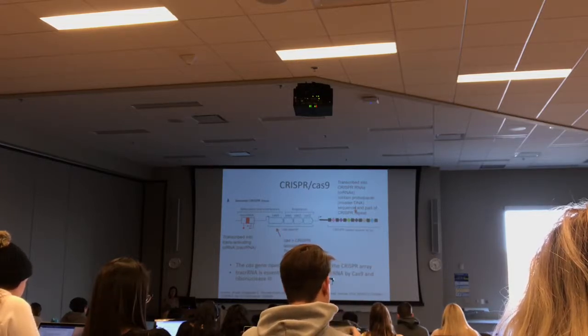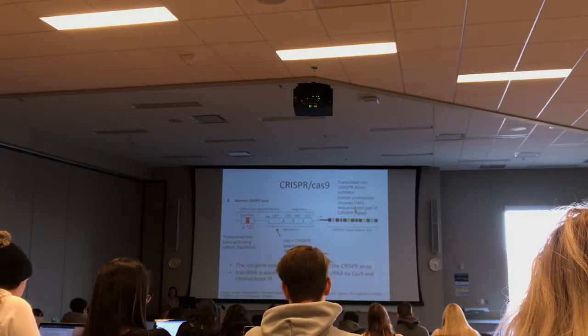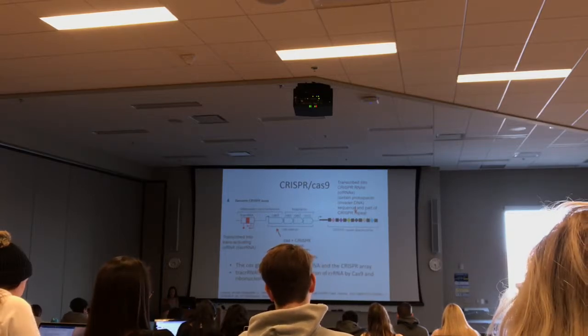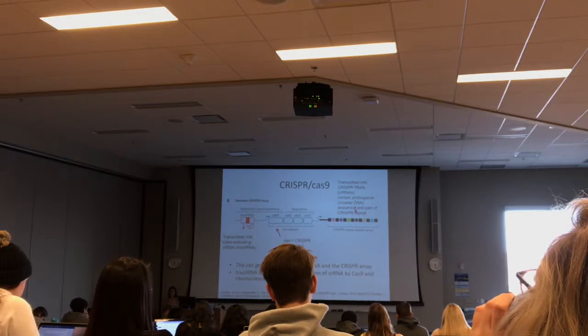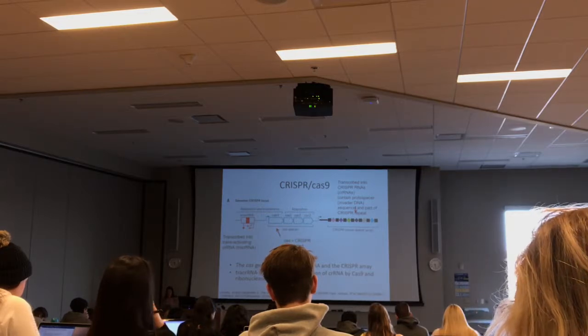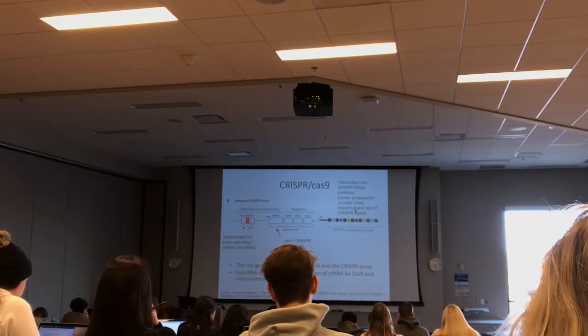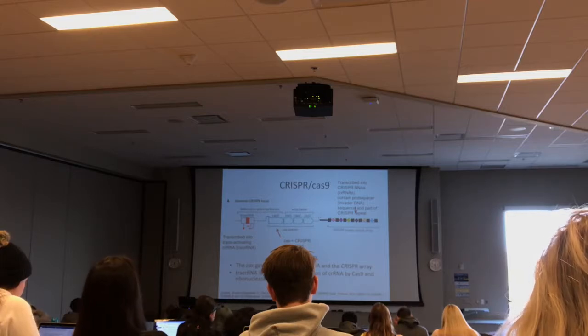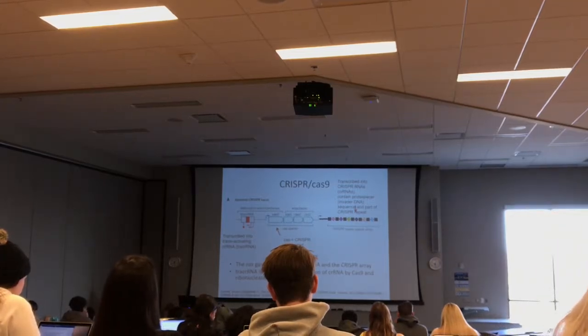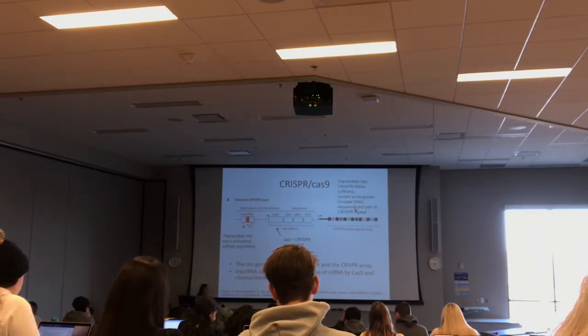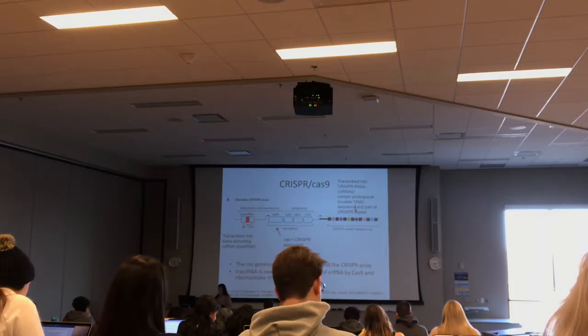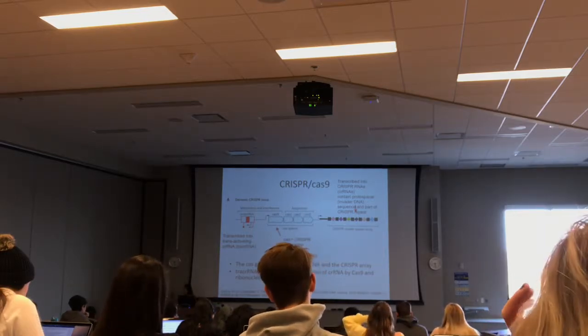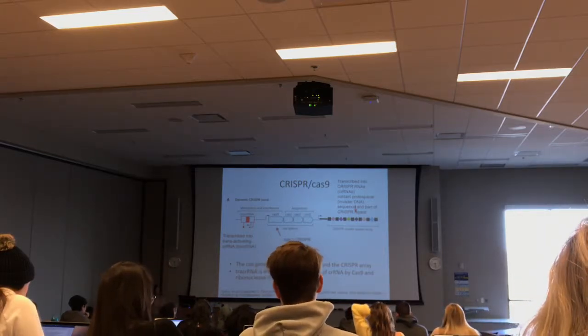You have these two endonuclease domains that recognize specific consensus sequences, okay? And are going to be brought to the DNA and bind to it, guided by this guide RNA, right? That's what leads it to a spot. And then the HNH domain cleaves on the complementary strand, and the RuvC-like domain cleaves the other strand.